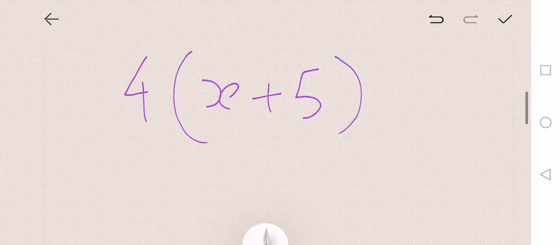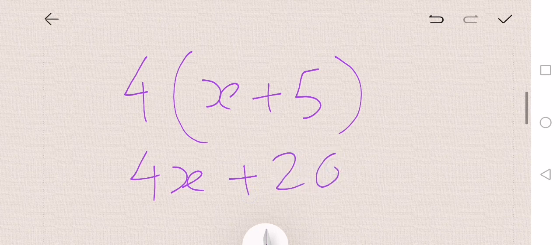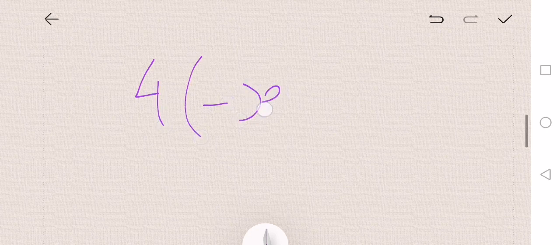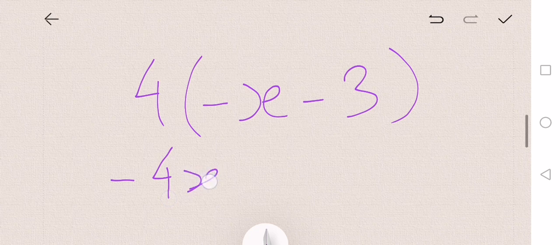If we do now, let's say 4(x plus 5). How are we going to do it? So it's 4x plus 20. Very simple. If this is 4(x minus 3), what are we going to do? That's 4x. Then minus 12. Why? Because there's a plus, and plus and minus is a minus.